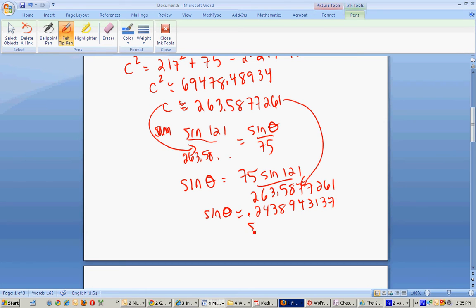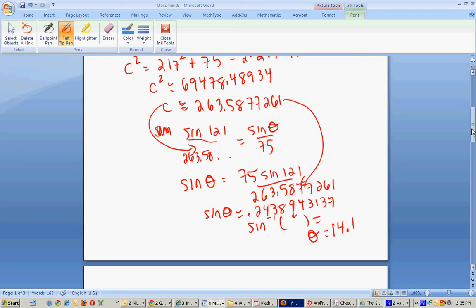And again, I now do the inverse sine of this whole set of stuff, and I get that theta itself is around 14.1, and that is correct to 3 significant figures.